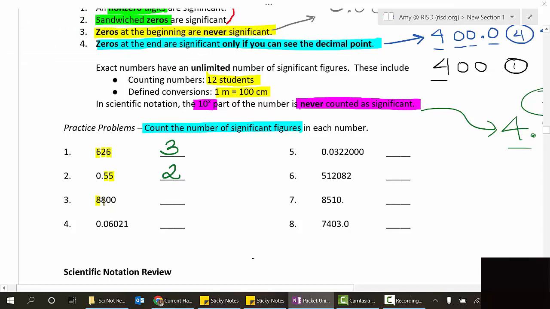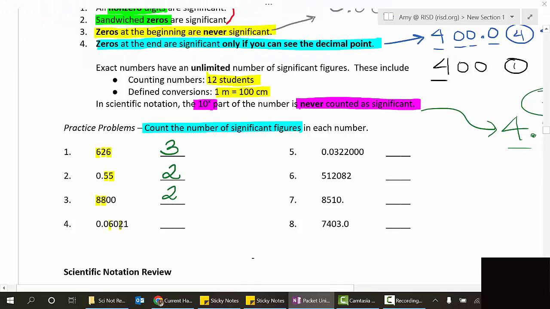Next up, the 8 and the 8 definitely count as significant. What about those zeros at the end of a number? Well, rule number 4 here says zeros at the end are significant only if you can see that decimal. I cannot see that decimal in the number 8,800 written the way it is, so they don't count. So only 2 sig figs. Cool, moving on. Number 4.